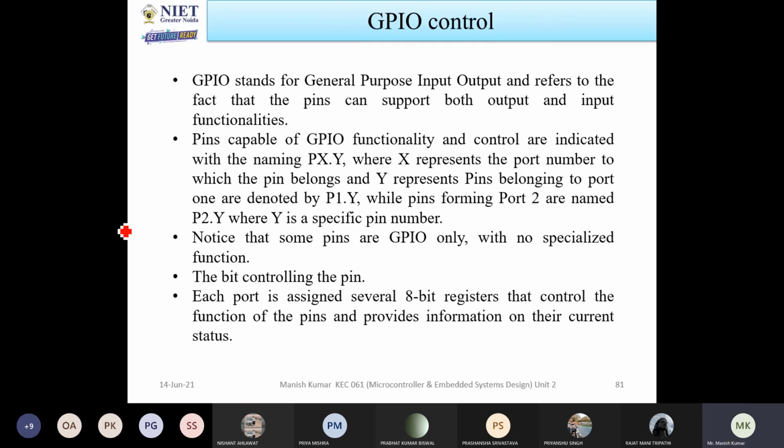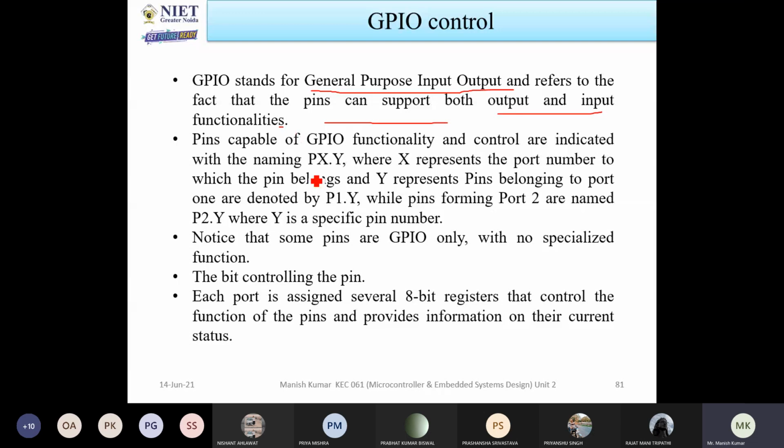Now you can see the GPIO, or general purpose input output, refers to the pins that can support both output and input. So some pins are available that will be used as an input or as an output. But you have to define it. Correct? So for defining it, you can use the instructions.